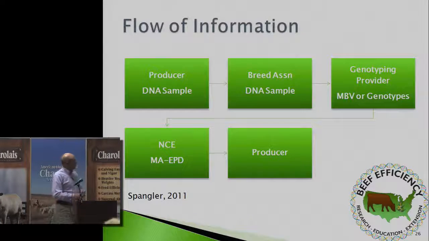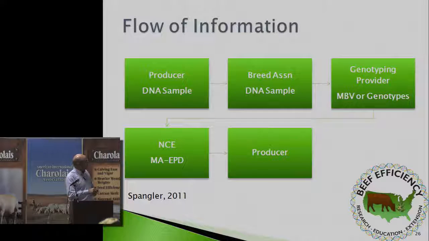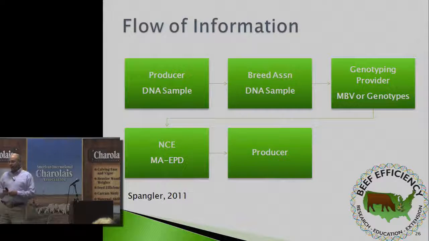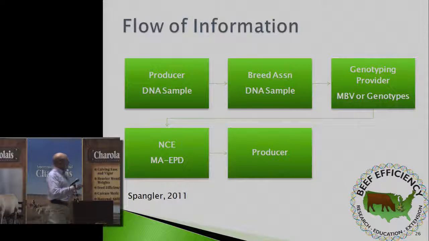Okay. One of the last couple of slides here I want to conclude with is sort of giving you an idea, if you're not already familiar with this flow of information, of how, as a producer, this system might work. As a producer, you collect a DNA sample, and in many cases, you still need to submit that through your breed association. They forward that information, and the sample with some identification information, to a genotyping service provider.